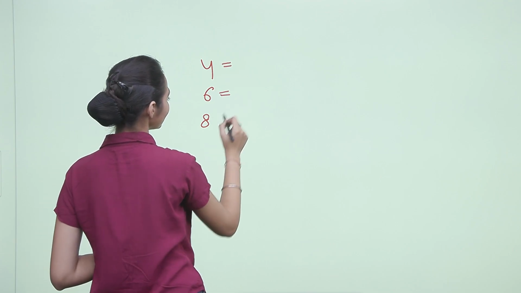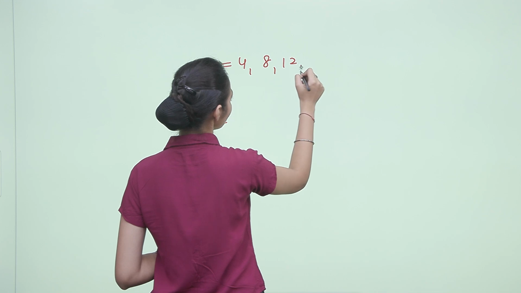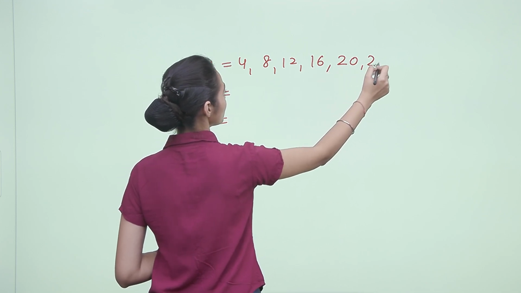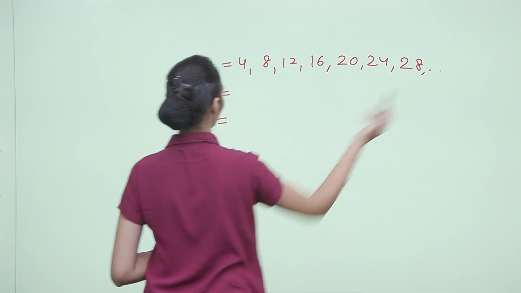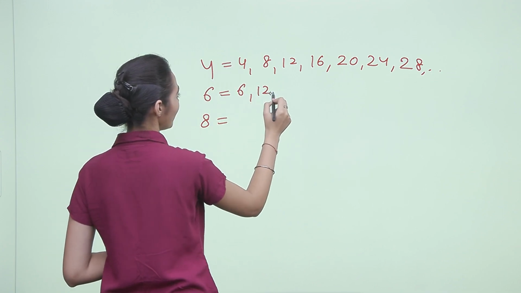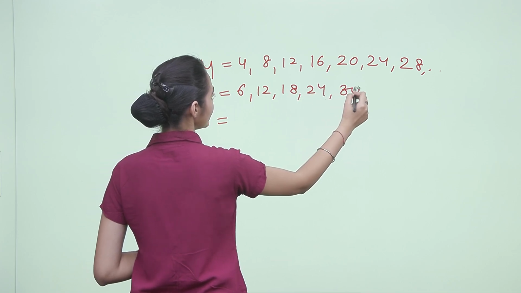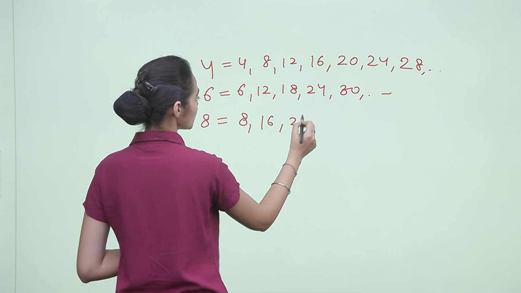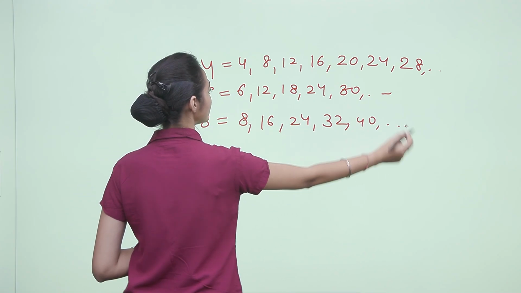So let's write their multiples, that is 4, 8, 12, 16, 20, 24, 28 and so on. 6, 12, 18, 24, 30 and so on. 8, 16, 24, 32, 40 and so on.